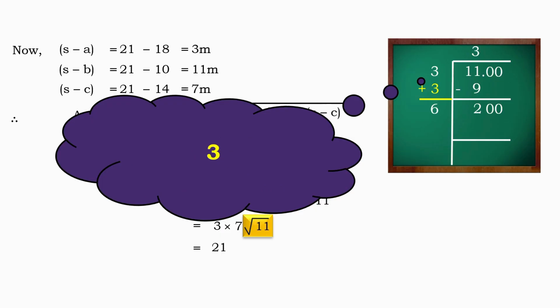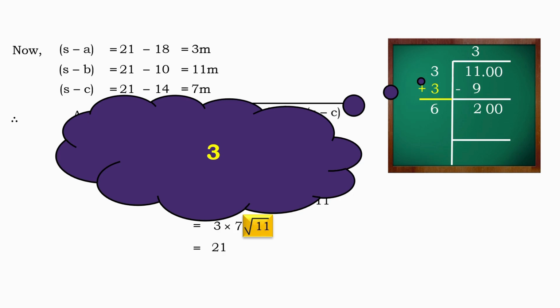Okay, so now let us try. If after 6 we put 1, the number becomes 61. Then we multiply with 1 itself, 61, which is less than 200. Now let us try with 2. 62 multiplied by 2 will become 124. That is also less.